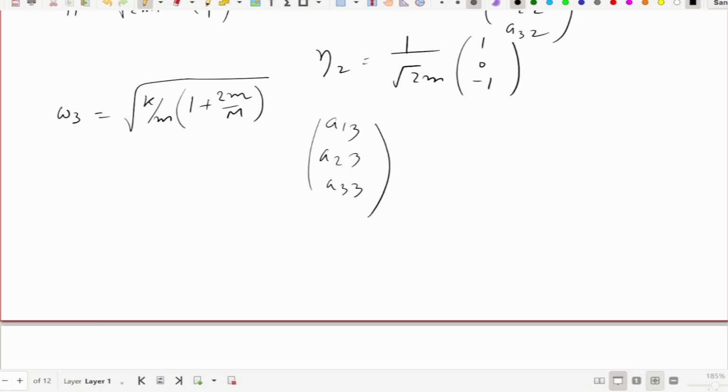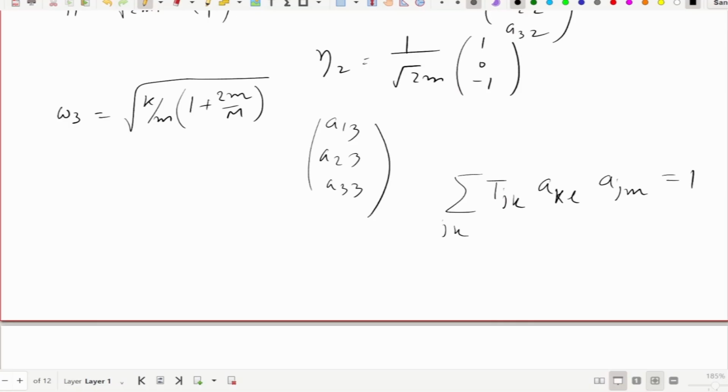Okay. So, if you calculate following the same rule, the sum over j, k of T_jk A_kl A_jm, you will find that, and also the relation between A13, A23, A33 you have to find.